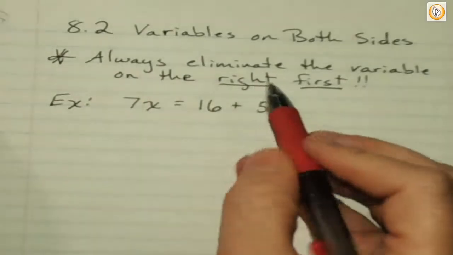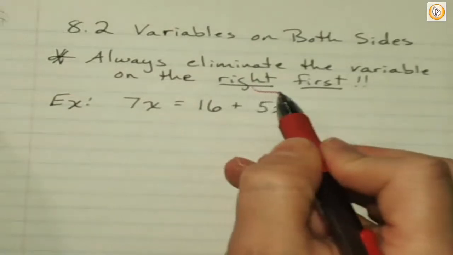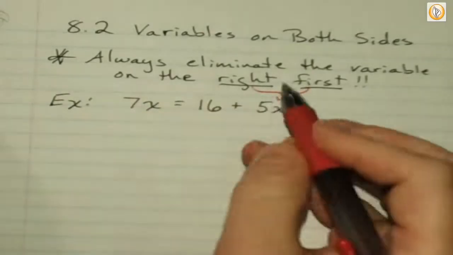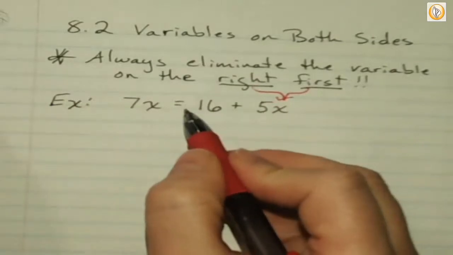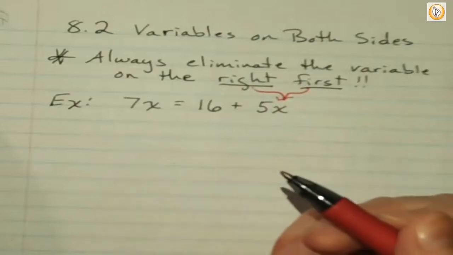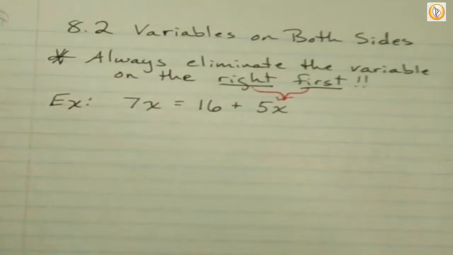So right here where it says always eliminate the variable on the right first, we're talking about this whole thing right here, this term. It's on the right side of the equal sign. We want to get rid of it first. Okay? We want the variables over here.